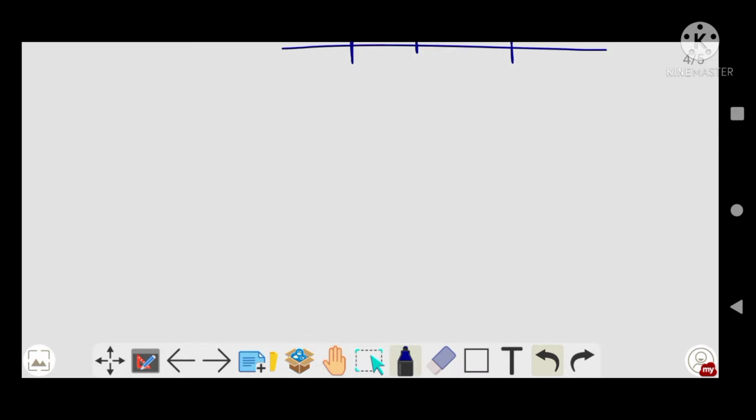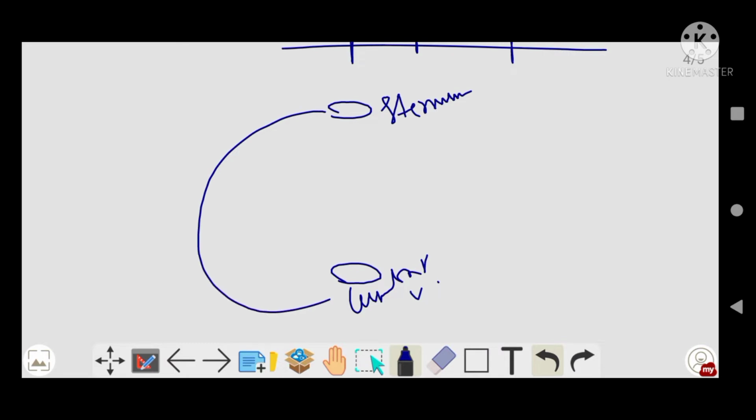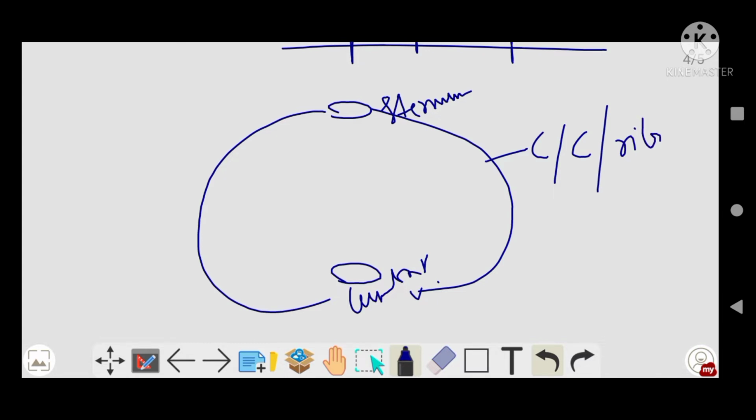If we draw a schematic view of the diaphragm and its attachments, it comes something like this. It extends from the sternum above, below there is the lumbar vertebra, and surrounding is your costal cartilage, or we can say ribs, right?